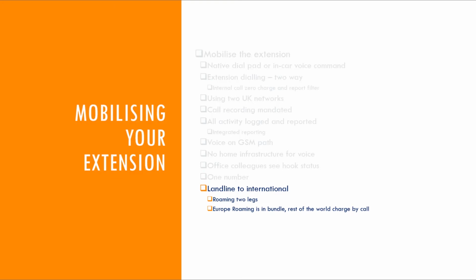If you are roaming, it is a two-leg call, so there will still be a roaming charge applicable if you're outside the European Union-based countries. So rest of the world environments will have a second part of the leg call, the rest of it's covered within the bundle. But again, we can go through the detail of that scenario so that you can measure up and make sure that you're balancing the correct mobile and mobility PBX scenarios together.